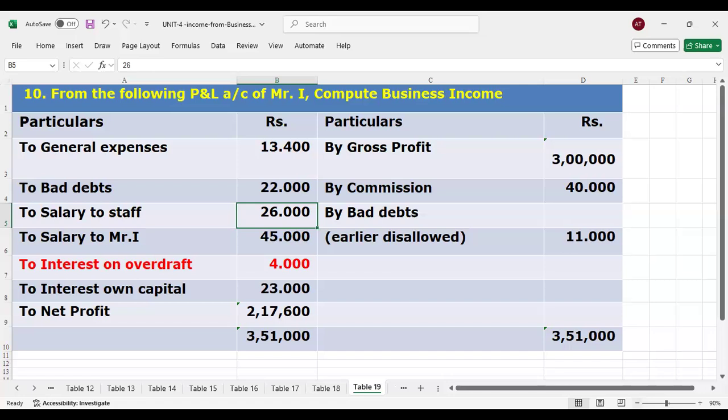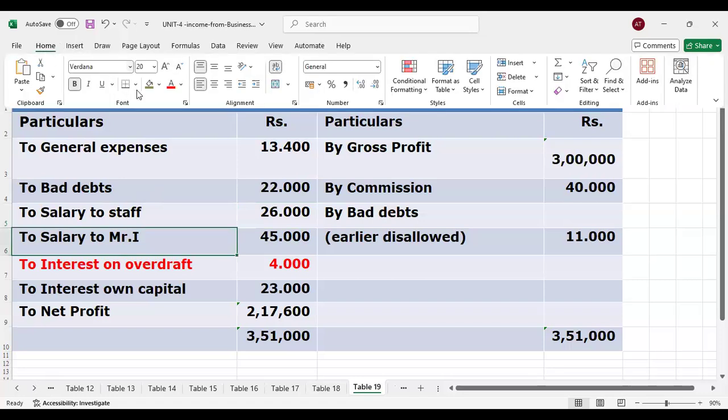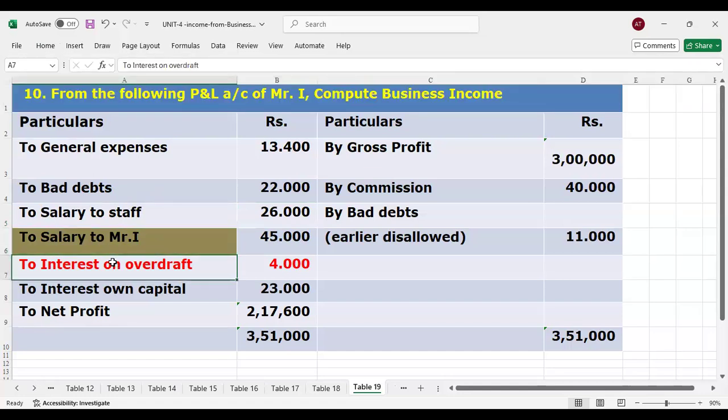Now we first have to find out about salary to Mr. I. It is not allowed to take an individual's salary. Interest on overdraft I need to pay if my overdraft is not paid in time. Basically, overdraft is not required for any business. I should have cash or a bank account. But if I take an overdraft, it's not the normal course.